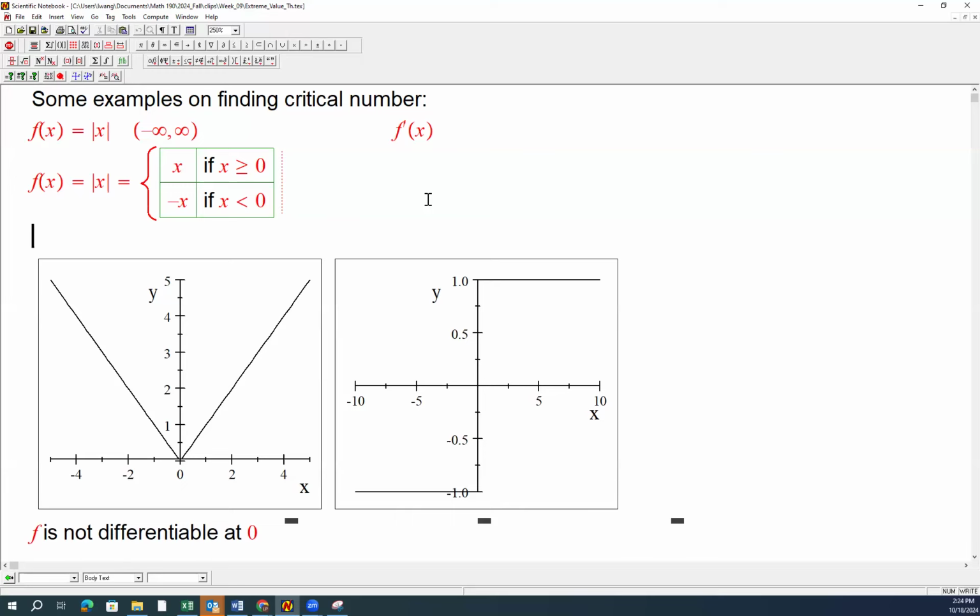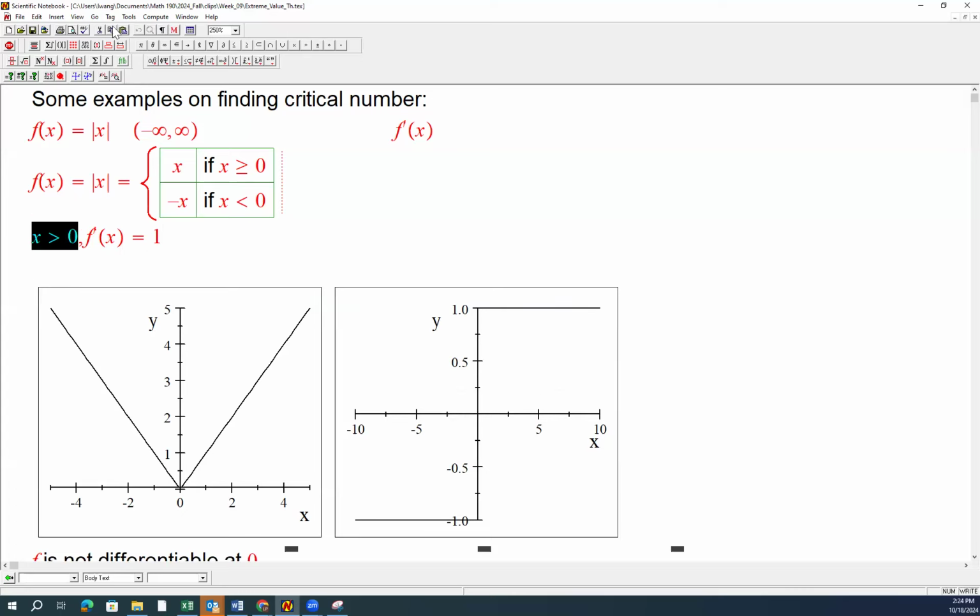So let me write it down. When x is greater than 0, the derivative of f is the derivative of x, which equals 1. If x is negative, less than 0, in the first case f of x is equal to x, so the derivative equals 1.